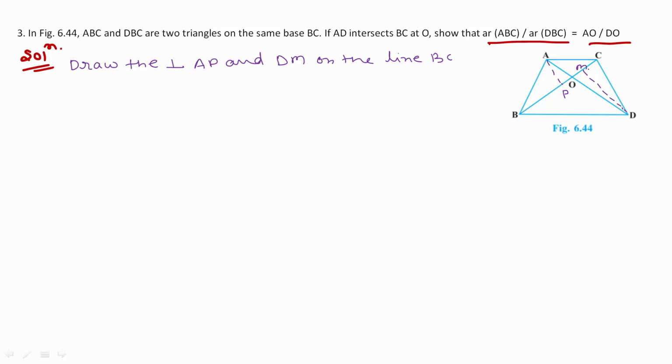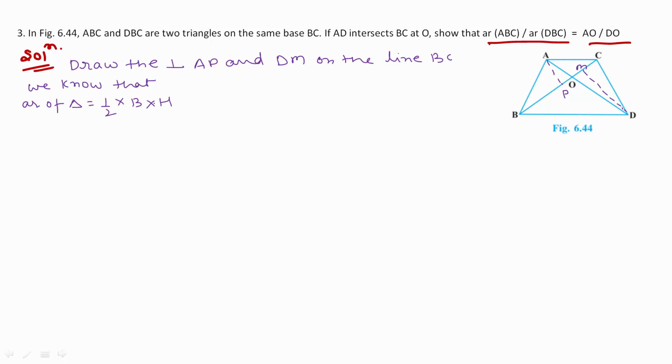So we know that the area of a triangle is equal to 1/2 into base into height.